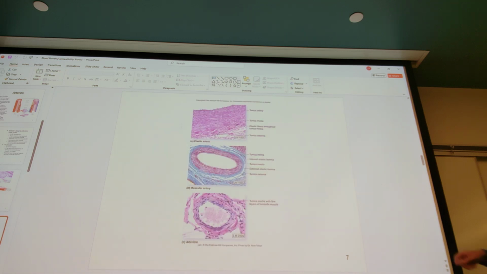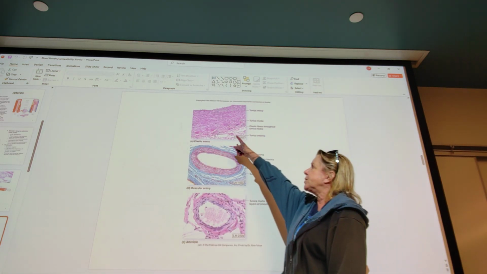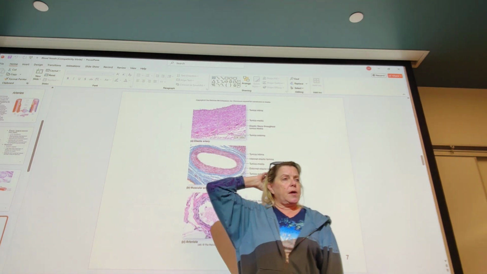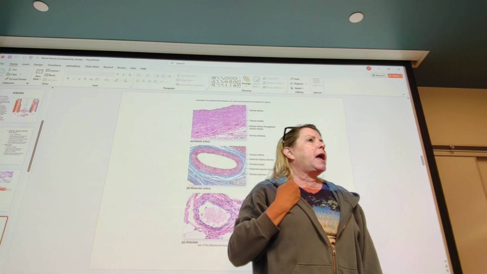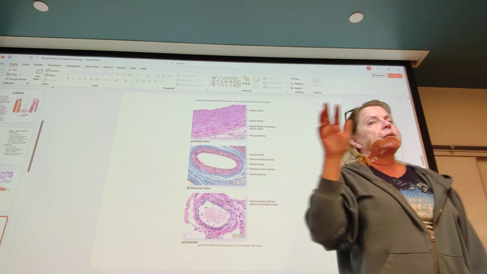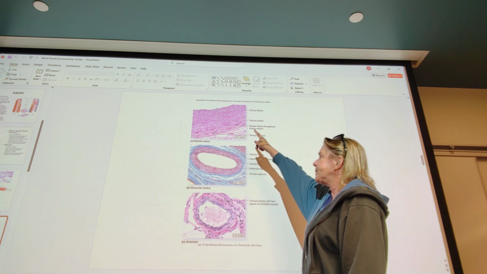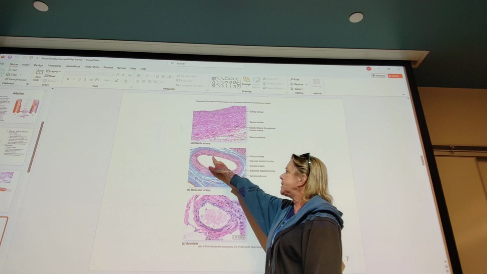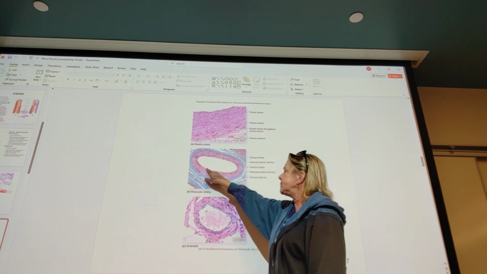Histologically, this one up here should look pretty familiar to you, even though it's in pink. The slide that we have upstairs in the lab has more of a dark color staining to it, but that's an elastic artery. Down here we have a muscular artery. Here's the tunica intima. It looks wavy.